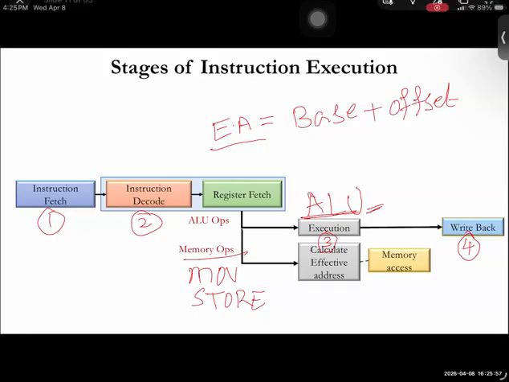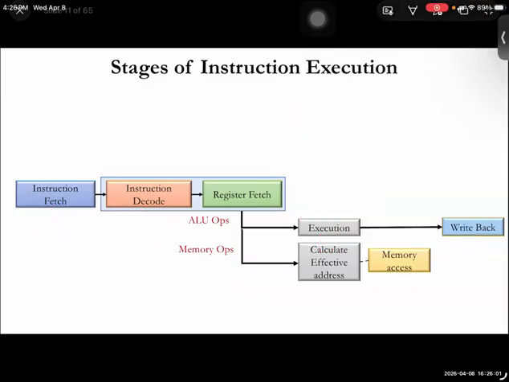So in total, how many stages does it take? Instruction fetching, instruction decode, and ALU computing, after which the read or write operation is done. For a store operation, it writes back into the memory.